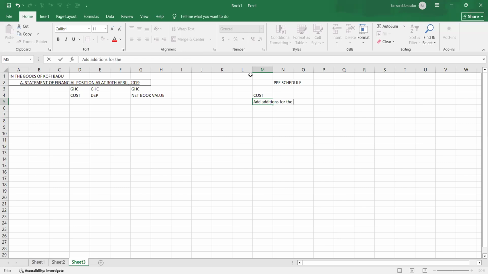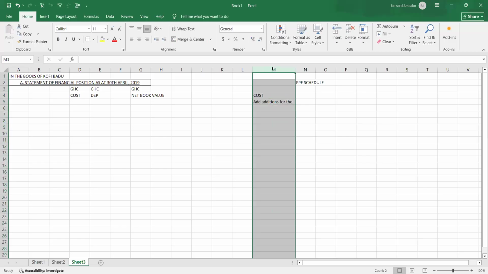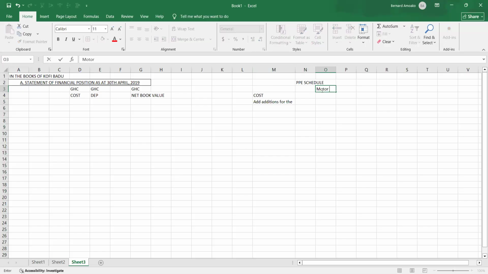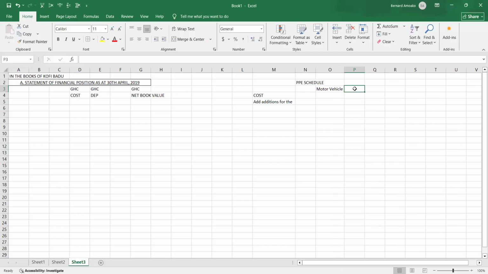So let's assume we have motor vehicles, equipment. You know what constitutes the PPE. We have motor vehicles, fixtures and furniture, and all that have you. So we have FNF, we have land, buildings.